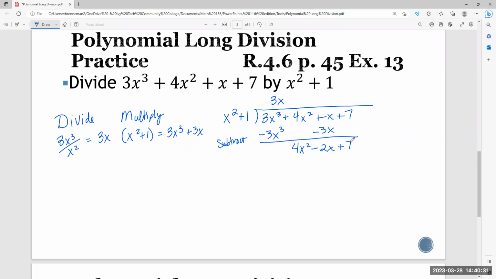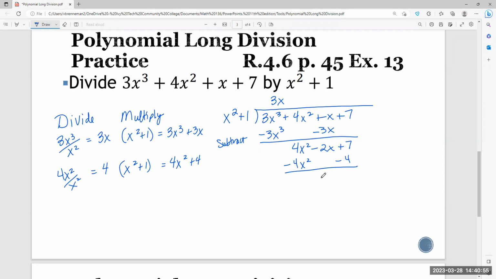So now the division step, I'm taking 4x squared divided by x squared. The result is 4. The 4 gets multiplied by x squared plus 1, and that comes out 4x squared plus 4. I subtract all of that, so I subtract 4x squared and I subtract 4.